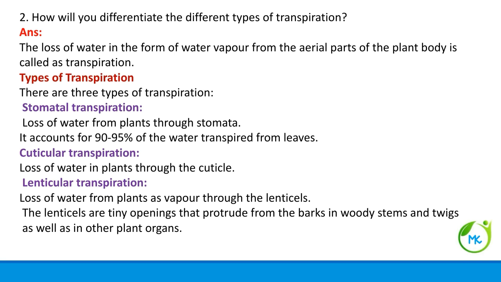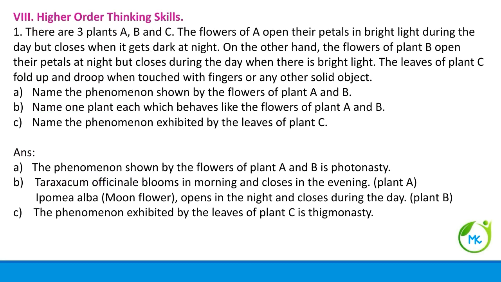plant organs. Next, high order thinking skills question. First question, there are 3 plants. So they are calling the 3 plants A, B, C. First, the flower of A opens its petals in bright light during the day but closes when it gets dark at night.